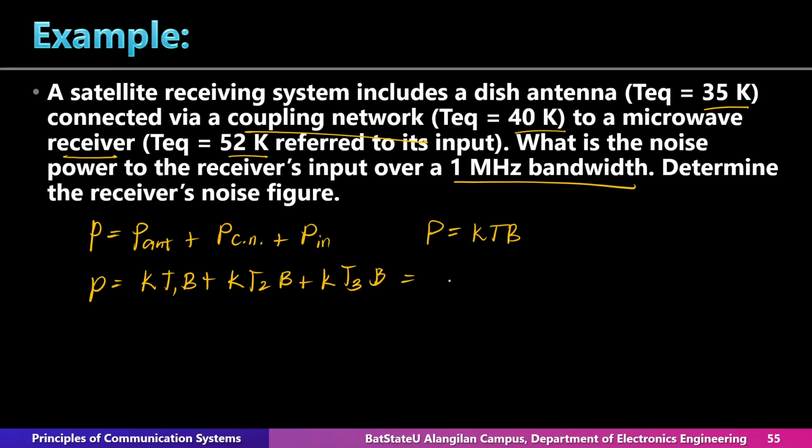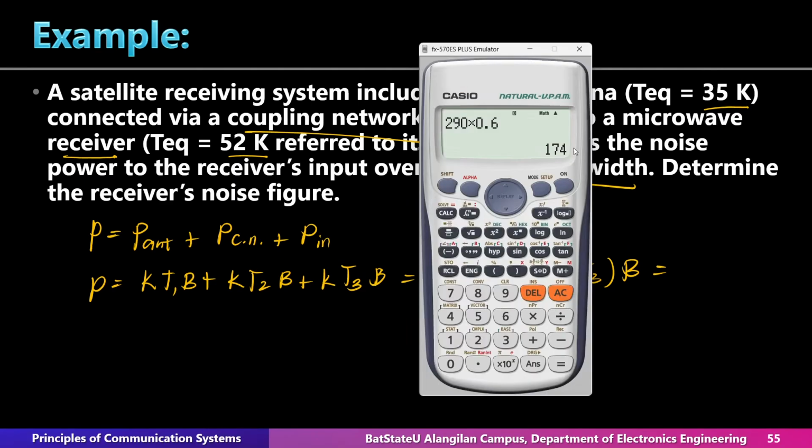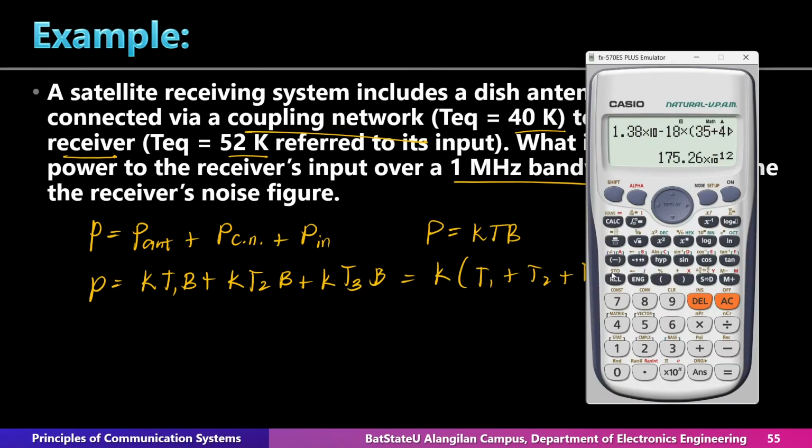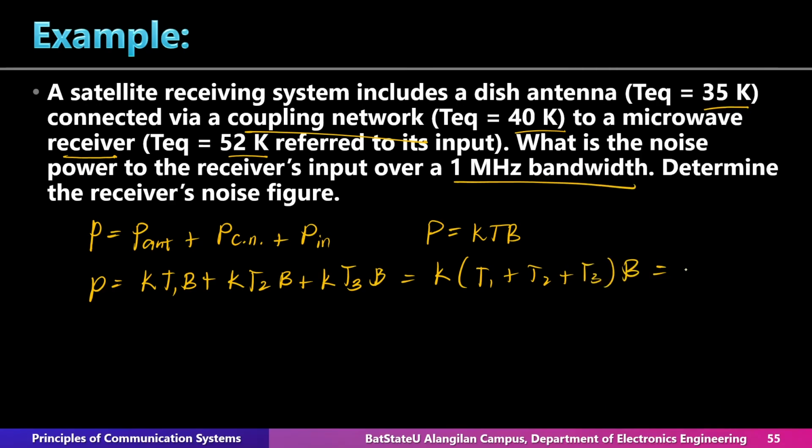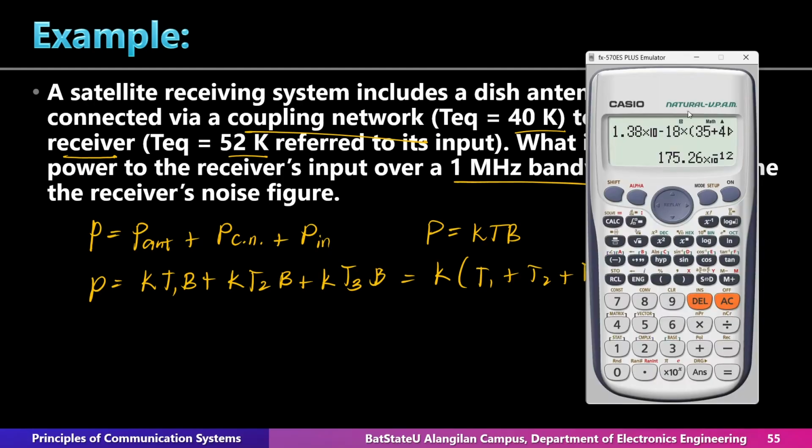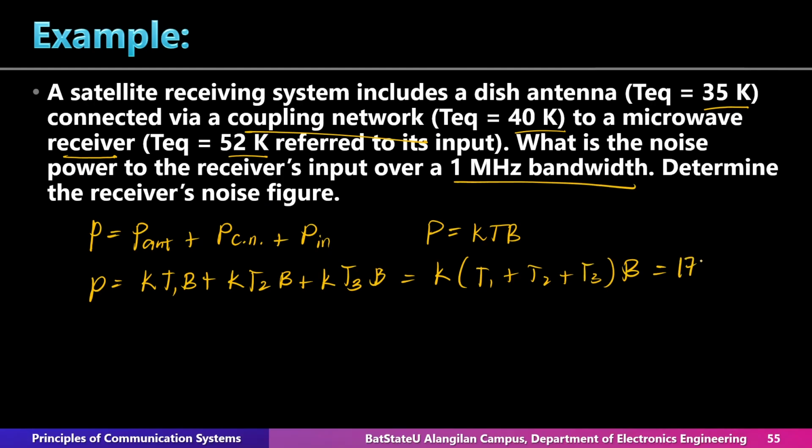So, obviously, the sum is just K times T1 plus T2 plus T3 multiplied by the bandwidth. So, pwede na natin yung computin sa calculator. So, ang sagot po ay 0.175 nanowatts. So, kung gusto mo naman ng nakapiko, 175.